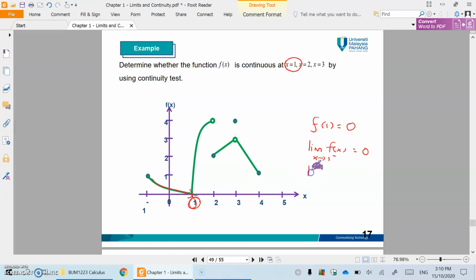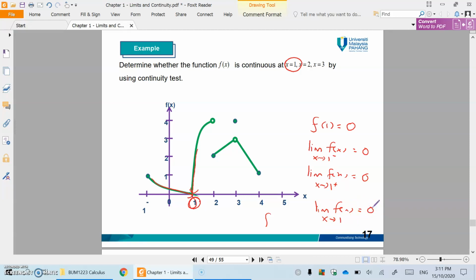For the right hand side, as x approaches 1 from the right, it also approaches 0. Since the limit of f(x) on the left and on the right exist and are the same, our limit of f(x) as x approaches 1 equals 0.